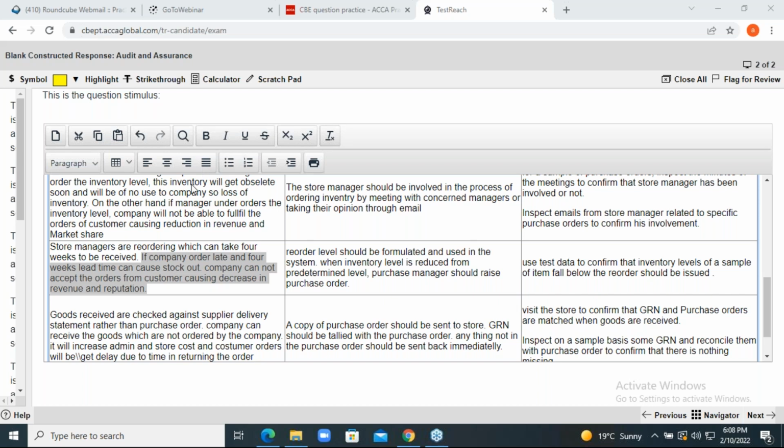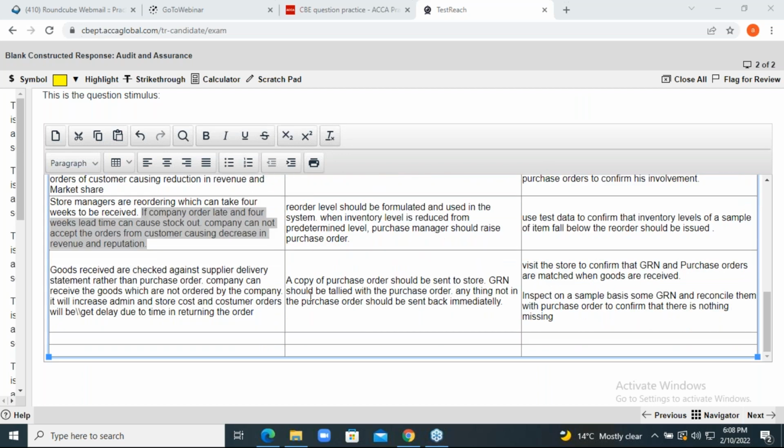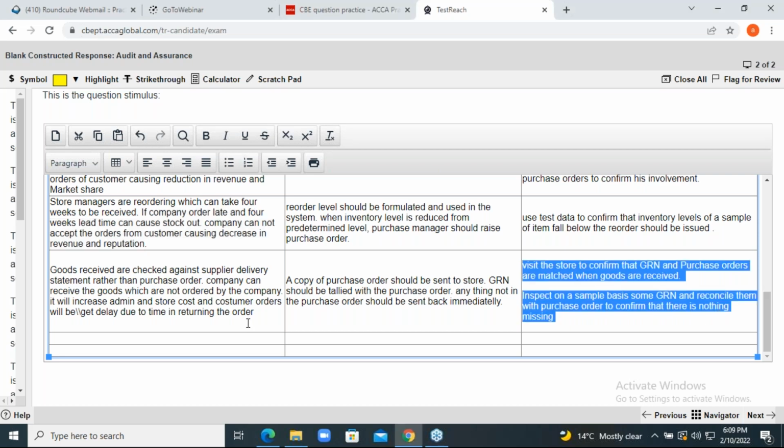Okay. So Umar is asking that kindly explain the third test of control of the second question. So this is the second question and this is the third test of control. The deficiency was that goods received were not reconciled with the purchase order.